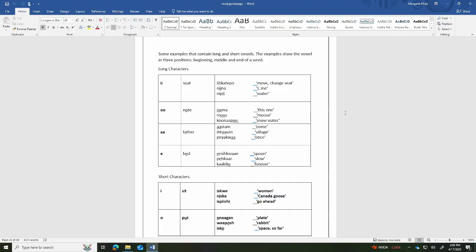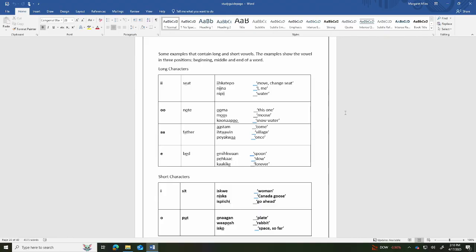E, O, A, and E. So in the English equivalent for E, would sound like seat, and the O, long O, note, a, father, and the E for bed in the English word bed.